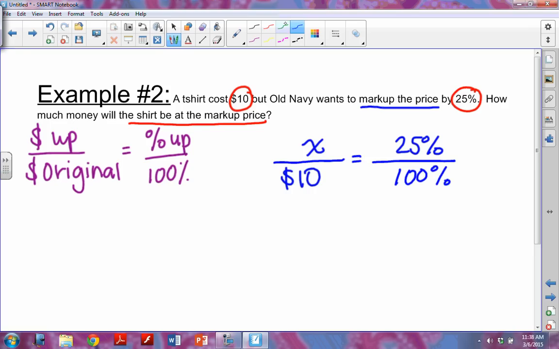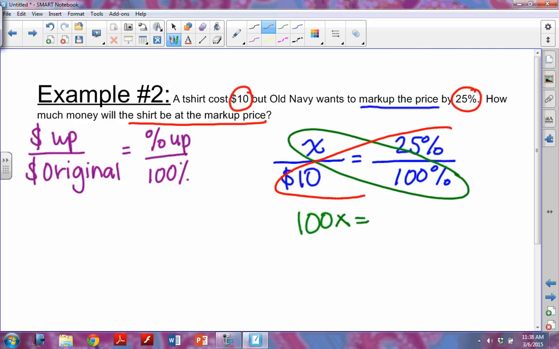So now I know that I need to cross multiply. So I've got 100 times x, which gives me 100x, is equal to 25 times 10, which is 250. I need to get this x by itself, so I am going to divide each side by 100.